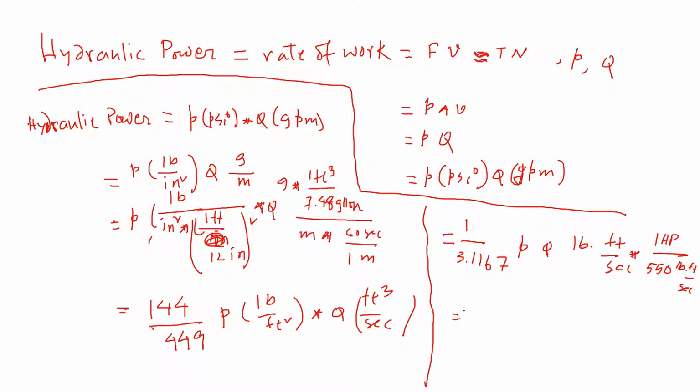So if we multiply 550 and this, I have P times Q. Now remember, P was in PSI and Q was in gallons per minute, and this conversion now becomes 1714, and this will be in horsepower. So for the hydraulic power, if you have pressure available in PSI and flow available in gallons per minute, you divide by 1714 to get the horsepower.